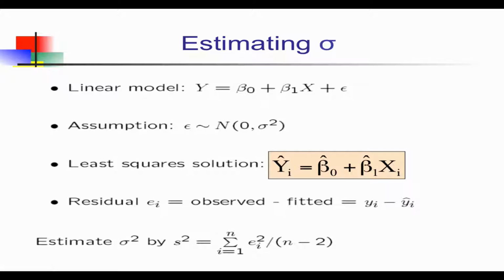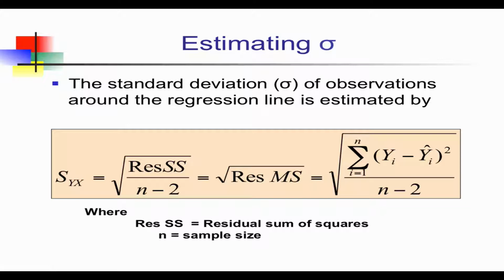So sigma squared hat, the estimate of sigma squared, is the summation of yi minus yi hat, squared, over n minus 2. So this would be the formula to estimate sigma squared hat.